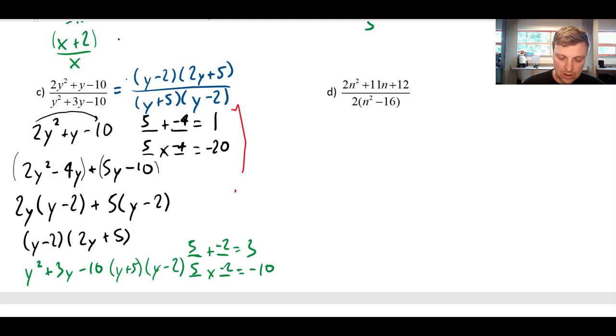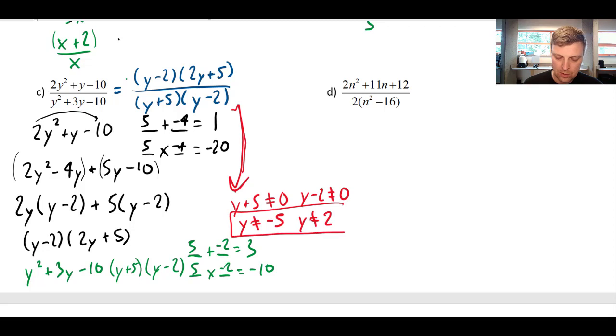I'm just going to take a look at my denominator and say, okay, I know that y plus 5 cannot equal 0, which means y cannot equal negative 5. And I also know that y minus 2 cannot equal 0, which means y also cannot equal positive 2. So my two non-permissible values are right there. Now that I've stated those, I can go back to my original expression and see if there are any terms in common.